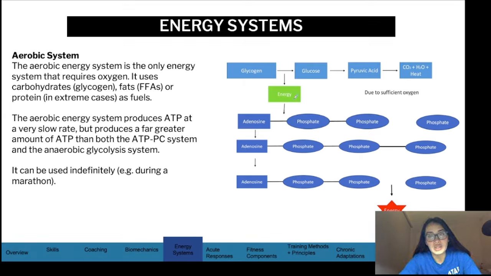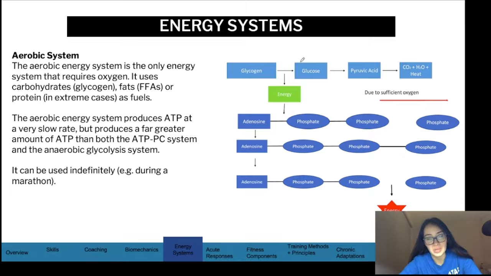So you can see here, glycogen is broken down into energy. Glycogen is broken down into glucose, and this releases energy. This glucose is then broken down to pyruvic acid. In the case of the anaerobic system, this pyruvic acid was broken down to lactic acid and hydrogen ions. But here, pyruvic acid is actually broken down to carbon dioxide, water, and heat, because in this case, we have sufficient oxygen to actually break it down and release this carbon dioxide, water, and heat instead of hydrogen ions, okay?